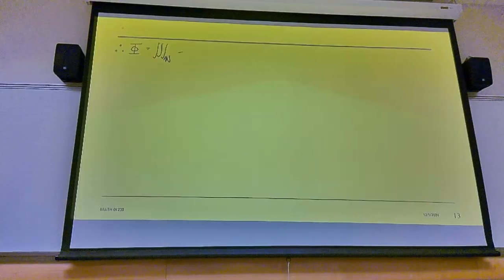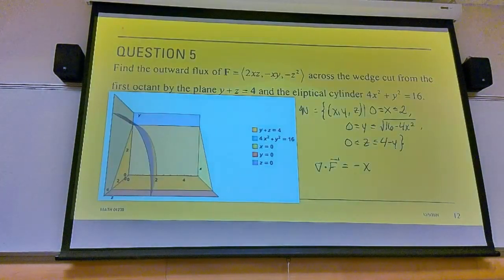Could have fixed Y. Okay, y would go from 0 to 4. What would x go from? Then x would go from 0 to the square root of 16 minus y squared, divided by 4.